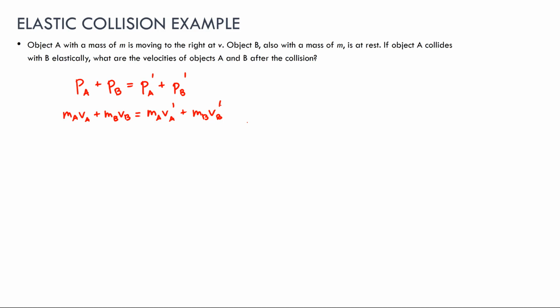We also know that energy is conserved, which means that the kinetic energy of A plus the kinetic energy of B before the collision would equal the kinetic energy of A plus the kinetic energy of B after the collision.